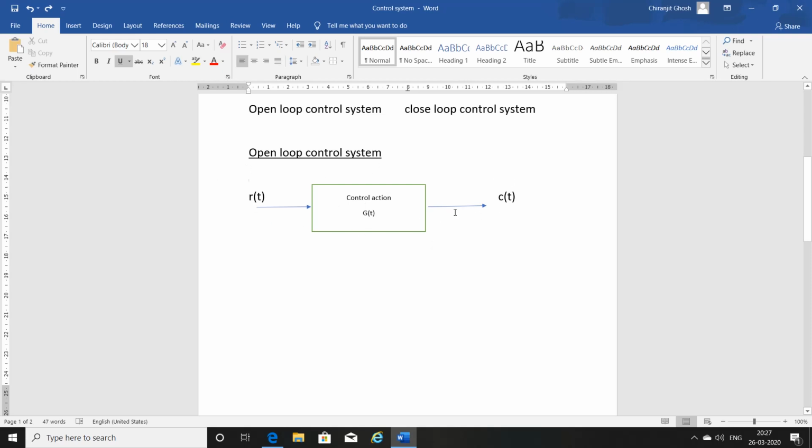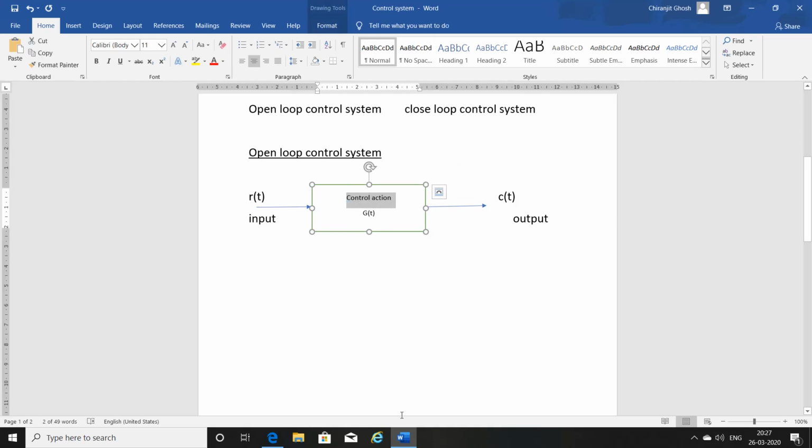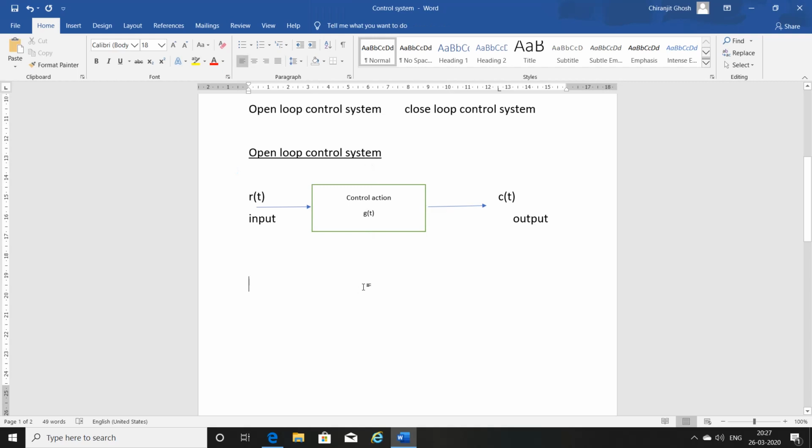In this block diagram, one is the input, r(t), another is the output, c(t), and this is the gain function g. This function is the control action, also called gain. This g is a small g, not a capital G, because this is a time domain function. So r(t) is the input, c(t) is the output and g is the gain.